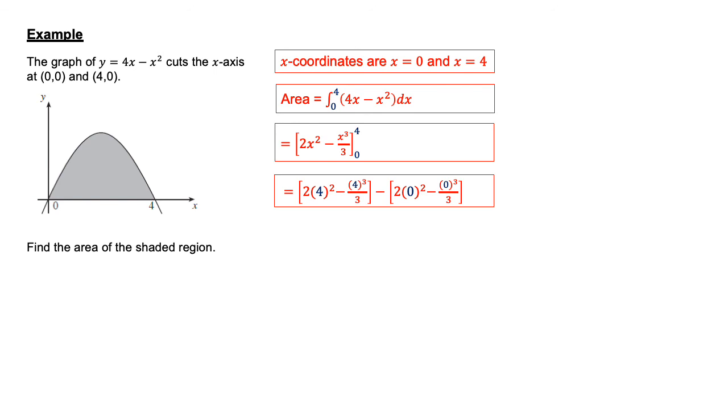Anything times by naught is naught. So you basically don't even have to work out the first one because it's just nothing. But there it is, and what we get is an answer of 32/3. So that is the actual area of that quadratic graph between 0 and 4.